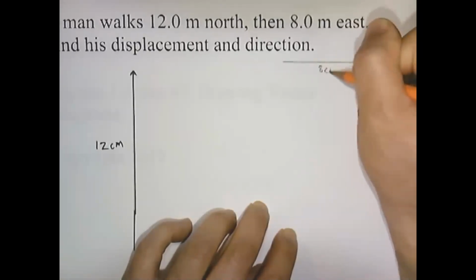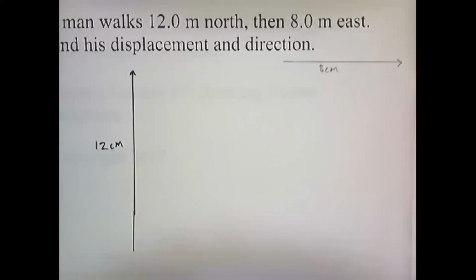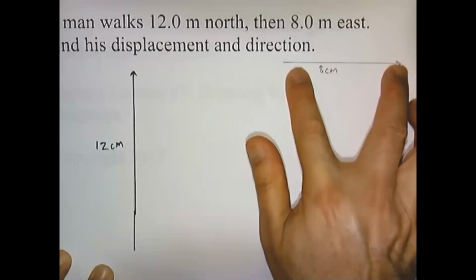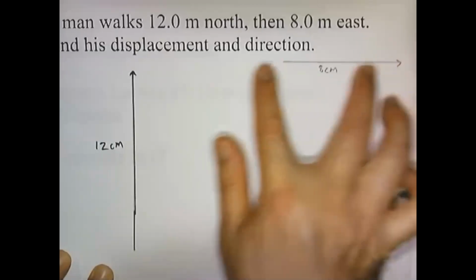We can write that with an 8 centimeter line. So what we're going to do is take this second vector and move it over so that the tail of the second is at the head of the first.